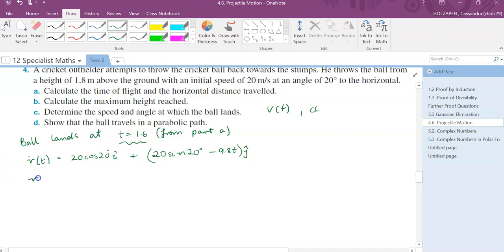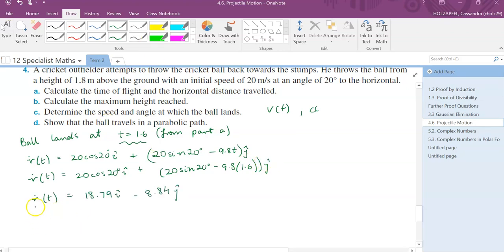So now all we're going to do is substitute in that final time. So 20 cos 20 degrees i plus 20 sine 20 minus 9.8 times 1.6. I'm just going to pop this in my calculator and come back. All right, so now we've got this particular value here. What I want to do is convert it into a form that's actually going to be useful to me.